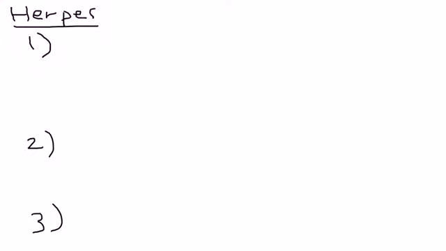So there's 3 types of herpes infections that I wanted to touch on to give you an illustration of what this is like in terms of signs and symptoms presentation.